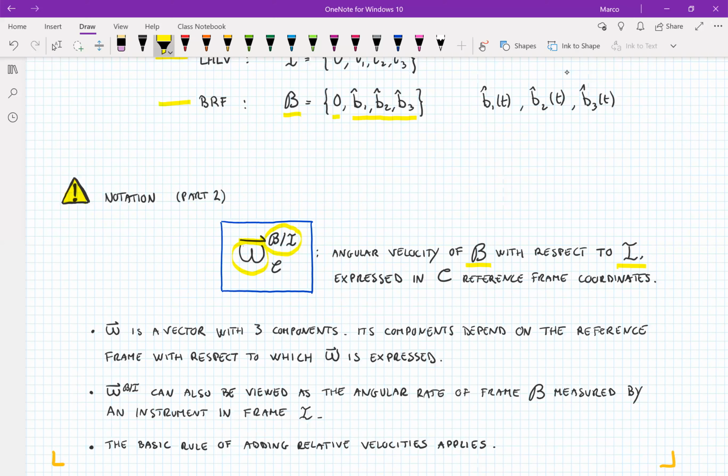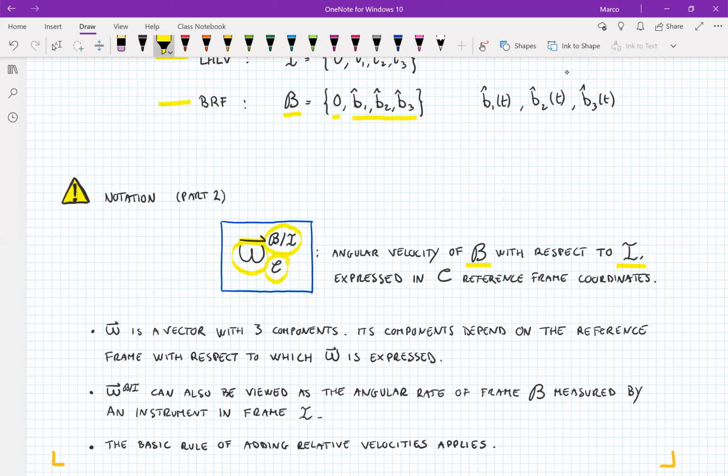Now, we also have a subscript here, and this is what we've already seen for all vectors, and it expresses the frame of reference in which the coordinates refer to. So in this case, we have the angular velocity of B with respect to I expressed in C reference frame coordinates.